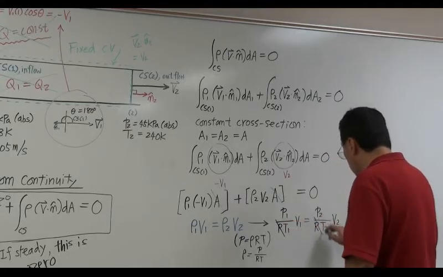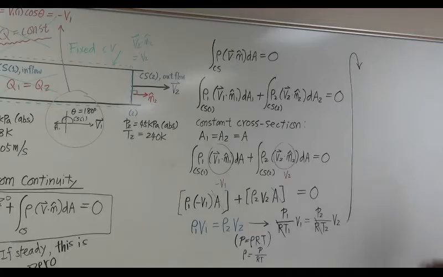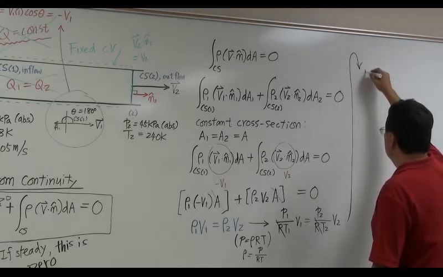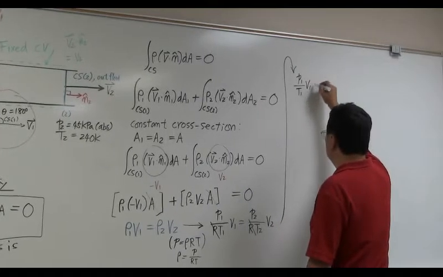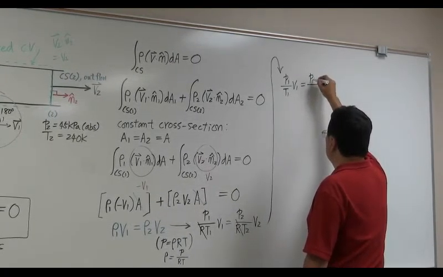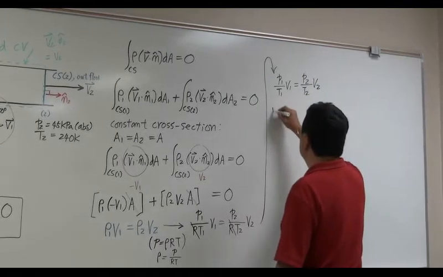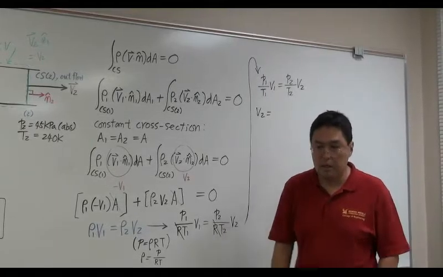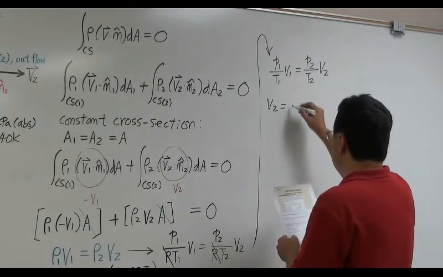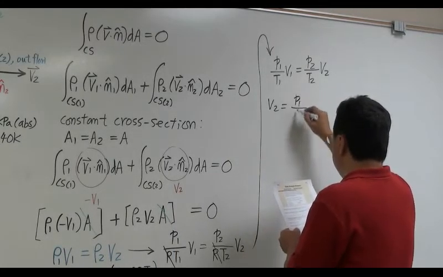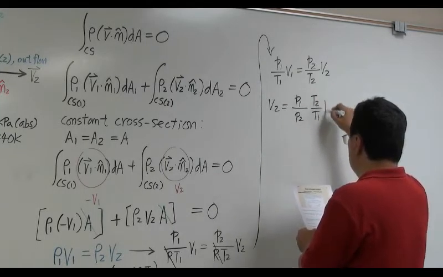You can cancel out both sides. Okay, so now the equation becomes P1 over T1 is equal to P2 over T2 multiplied by V2. From here, V2 can be given by P1 over P2 times T2 over T1 times V1.